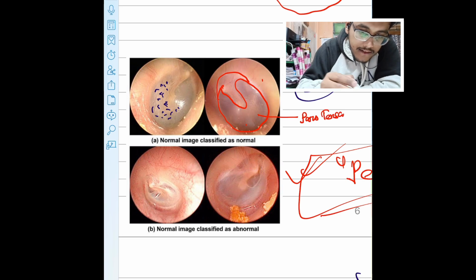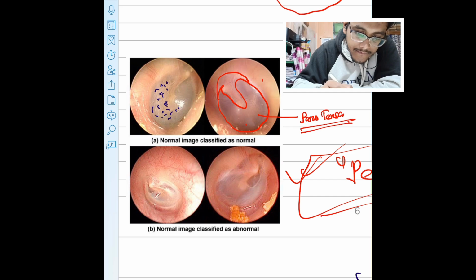This point is known as umbo. This is the handle of malleus. This area is known as pars flaccida.